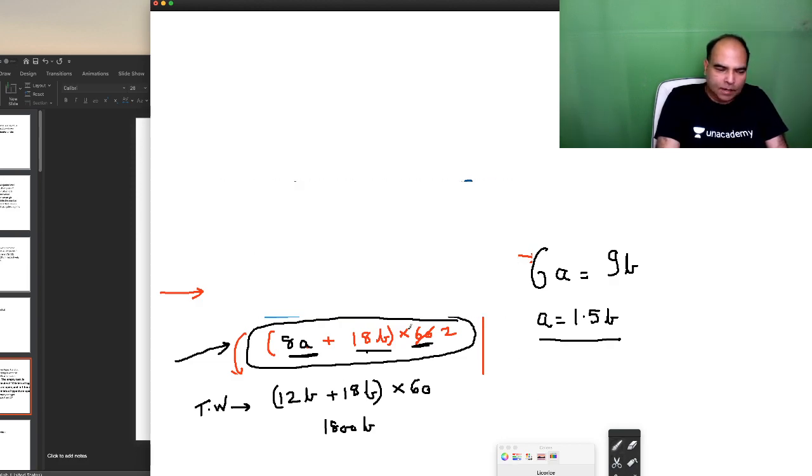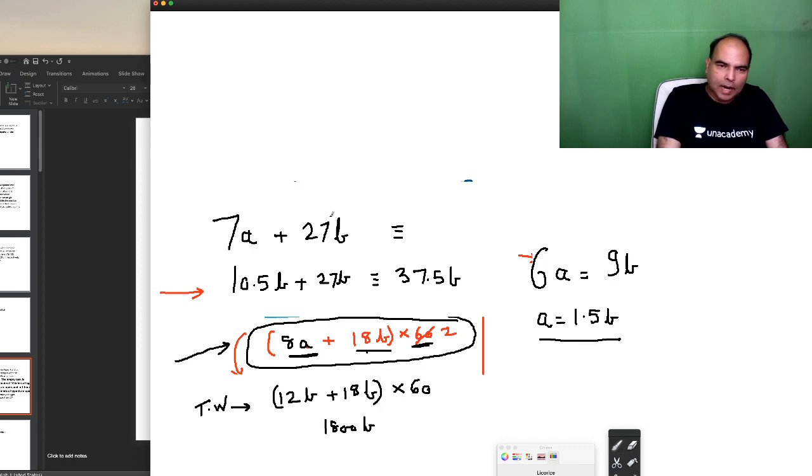If I am opening 7 inlets of type A and 27 inlets of type B, this is equivalent to 10.5 inlets of type B and 27 inlets of type B. So effectively we are doing 37.5 inlets of type B. And 37.5 inlets of type B into how much time will give me 1800B.